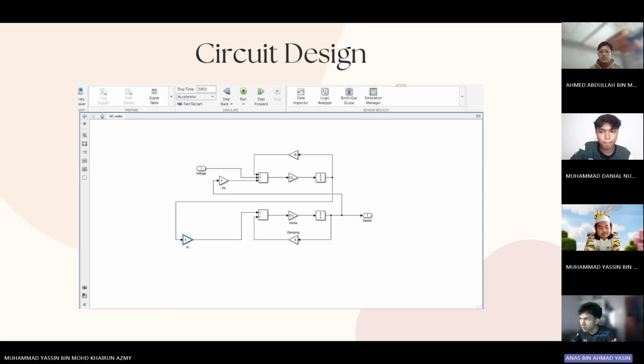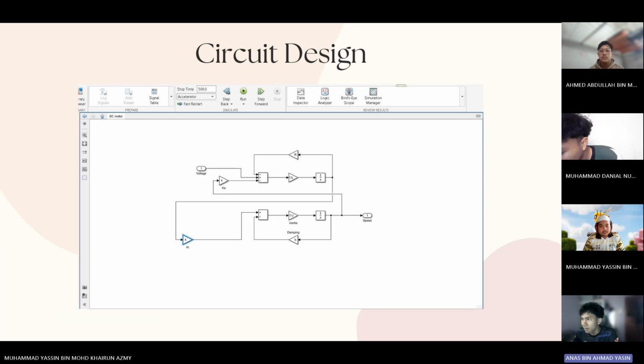And the voltage feeds into a sum block where the back electromotive force is subtracted, and back EMF is calculated using the motor's angular speed multiplied by the constant Ke. Next is the mechanical subsystem, which is the lower part. The armature current is multiplied by the torque constant Kt to generate the mechanical torque.